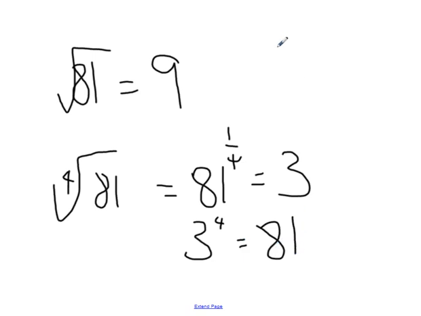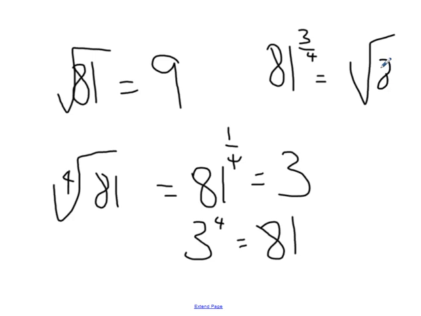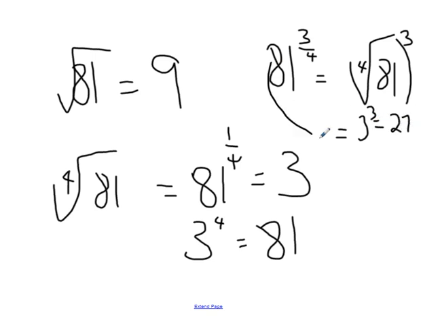However, if I was to say 81 to the power 3/4, this is the same thing as finding that bit there, and then you cube your answer. So if we know that this is going to give us 3, then 3 cubed will be 27. That will be the answer to this bit here.